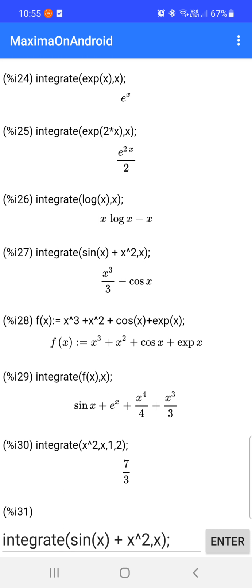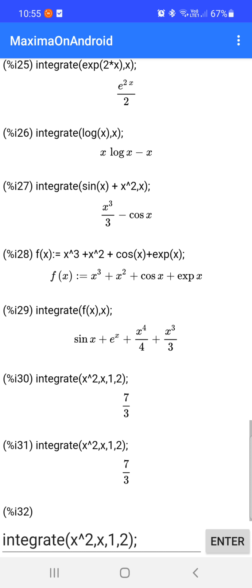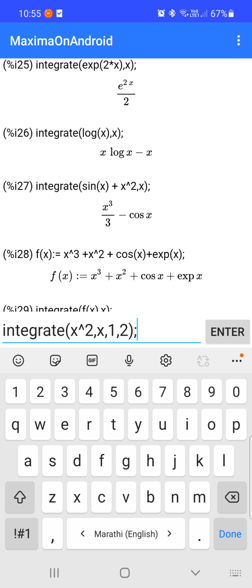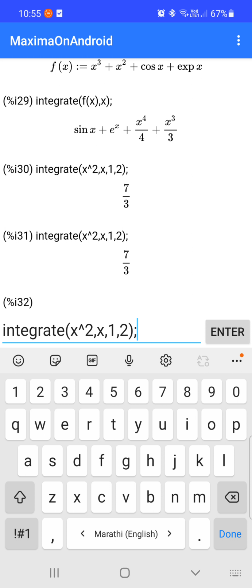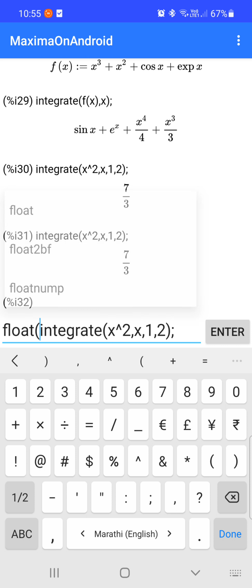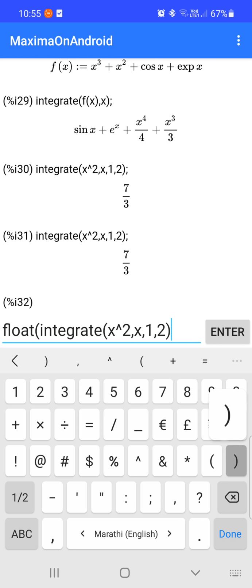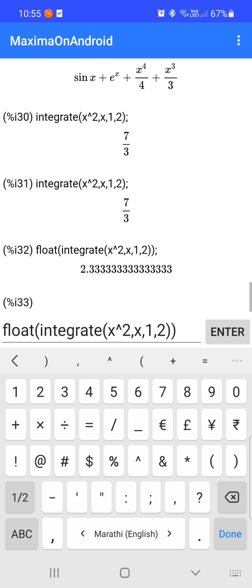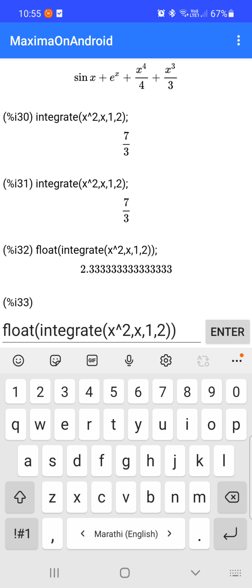You can convert this 7 by 3 to a real number, a decimal fraction, by just adding the command float. So if you enter the float command, this 7 by 3 is converted to the real number 2.333.